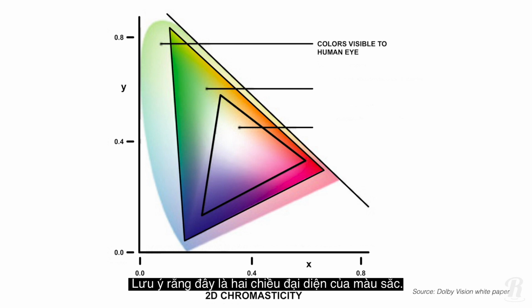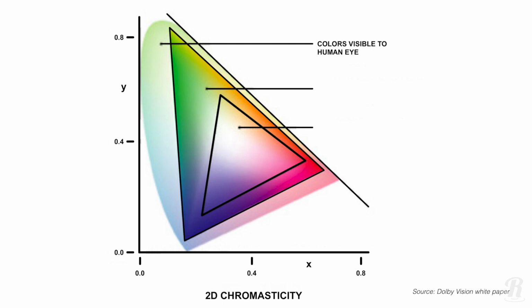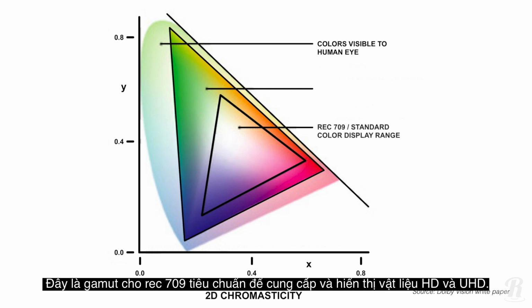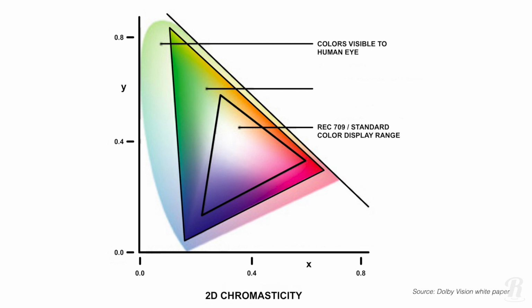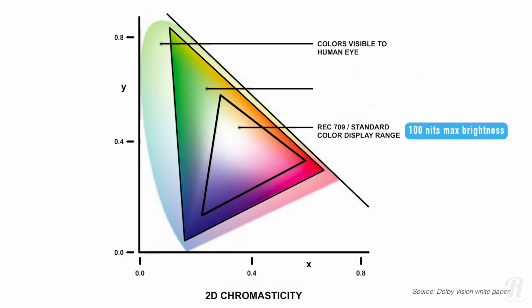Note that this is a two-dimensional representation of color. It shows hues and saturation levels, but it doesn't show different brightness levels. Here's the gamut for Rec. 709, the standard for delivering and displaying HD and UHD material. Rec. 709 is an SDR, or Standard Dynamic Range gamut, meaning that the brightness values of each color are limited to 100 nits, nits being a way to measure brightness.